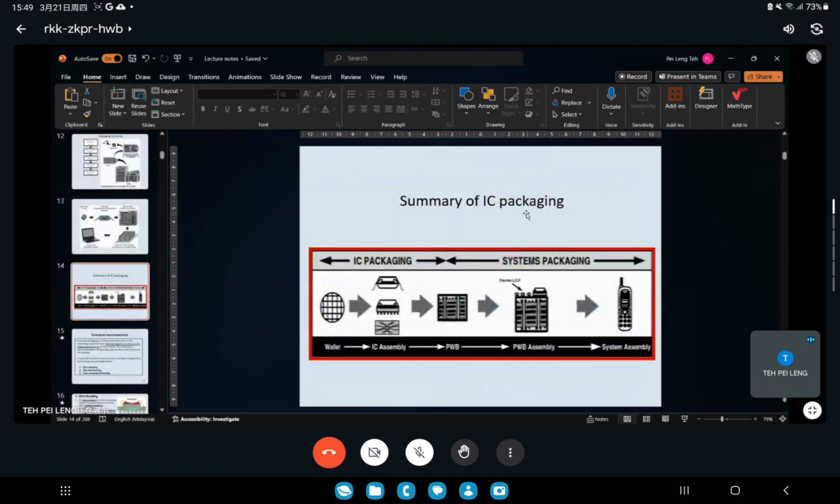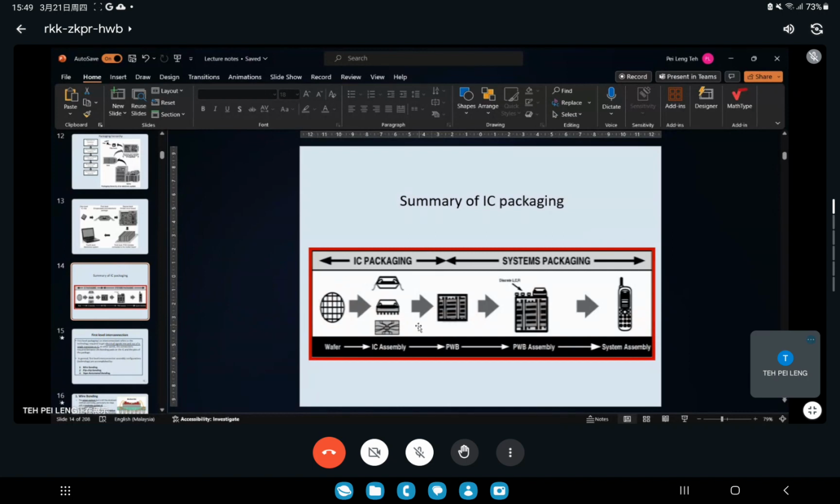So, summary of IC assembly and IC packaging: level 0, level 1, level 2, level 3, and level 4. IC packaging normally involves the front line.